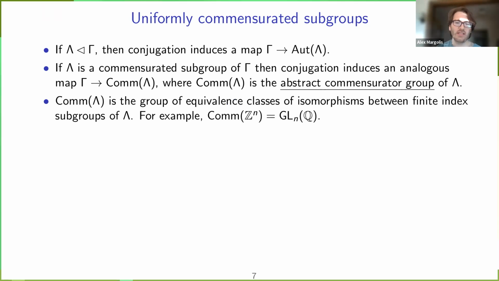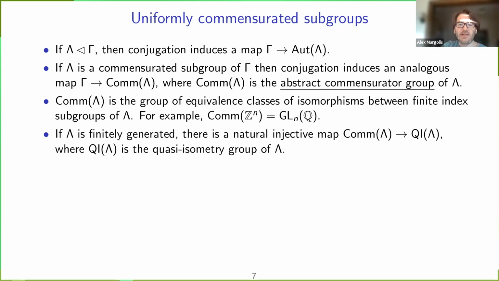And the abstract commensurator group is a group of equivalence classes of isomorphisms between finite index subgroups. And for instance, the easiest example of a non-trivial abstract commensurator is that the abstract commensurator of Z^n is GL_n(Q).